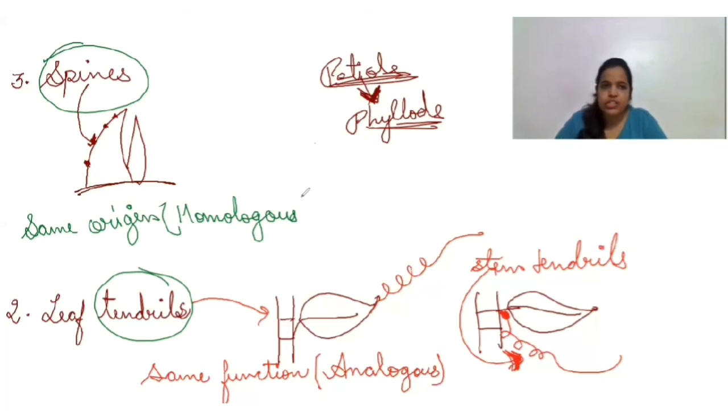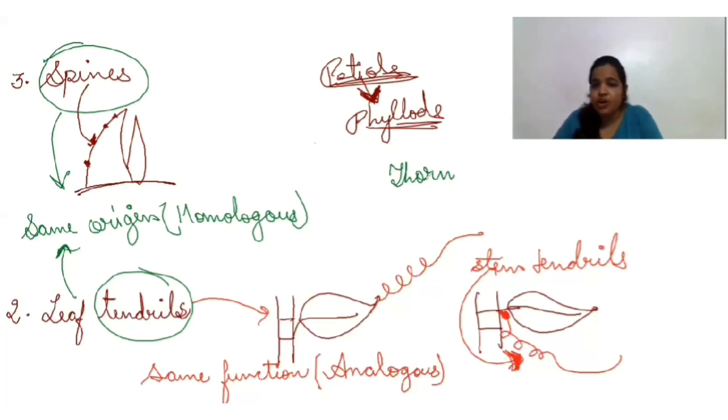Homologous are those parts which have same origin and different functions. Similarly, if you recall the thorns which were formed from the axillary bud in the stems, the thorns of the stem are homologous to stem tendrils. Homologous to stem tendrils. Clear? Another example, we have cactus also.